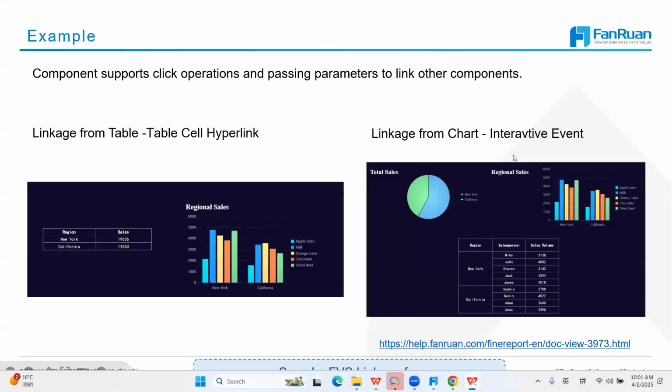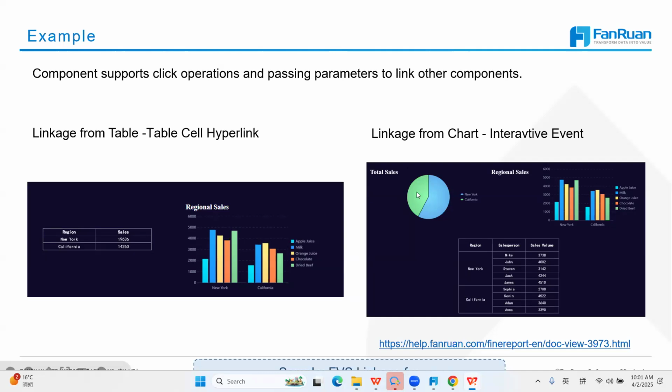Linkage from chart. The effect I want to achieve is that here, I want to click in the pie chart. In the pie chart is New York and California. I want to click in the pie chart and then my regional sales, this is the column chart, and then my table, this is the table, the data will be changed correspondingly.